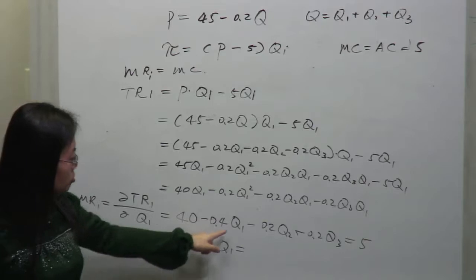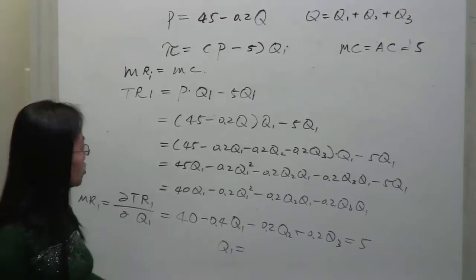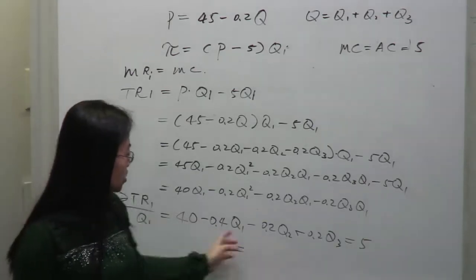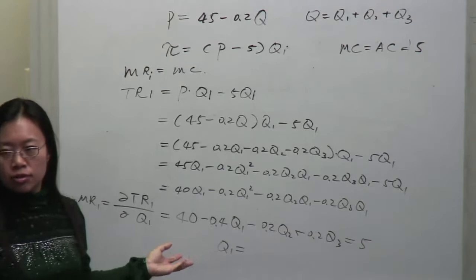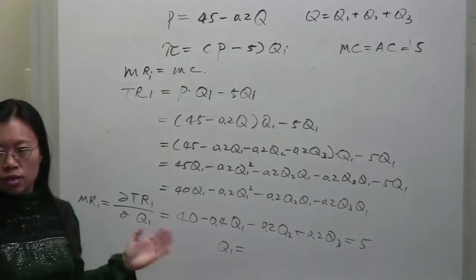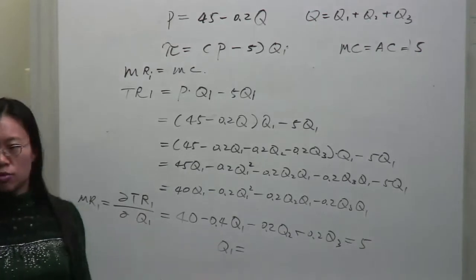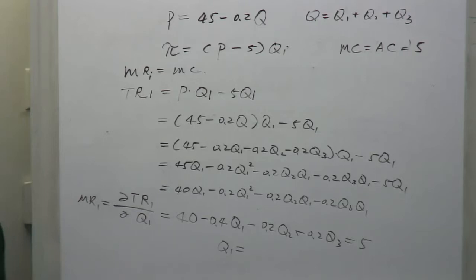You leave 0.4 Q1 on one side, then the rest of the stuff on the other side, then you get rid of 0.4. This is the step you have to do yourself.